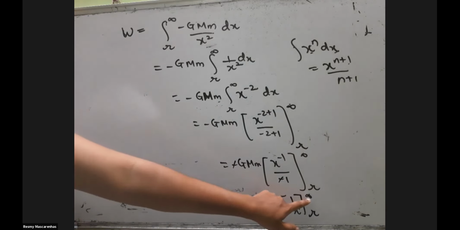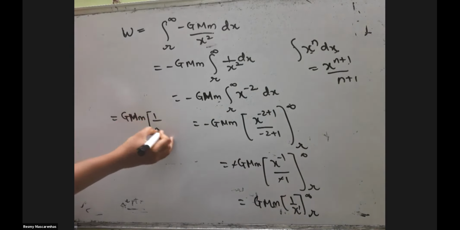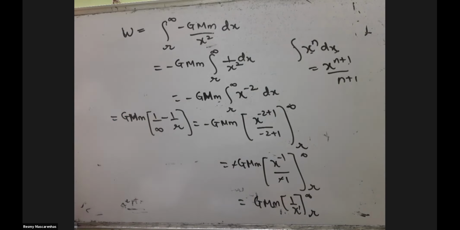Now what we do, always substitute the higher limit first. Wherever there is x, we'll have to put this minus this. 1 by infinity is always equal to 0.